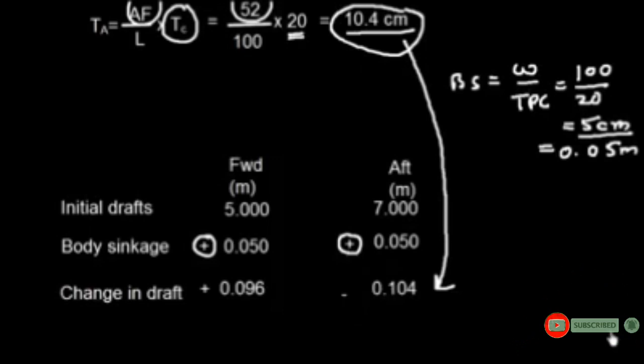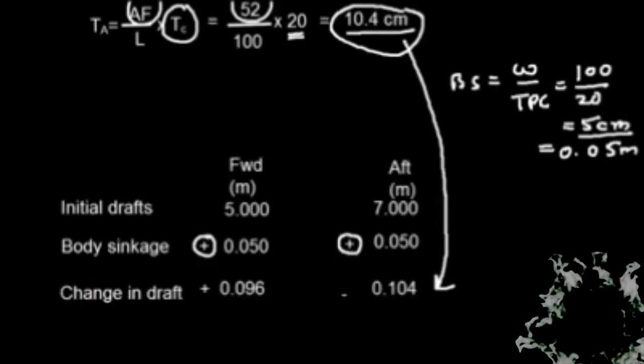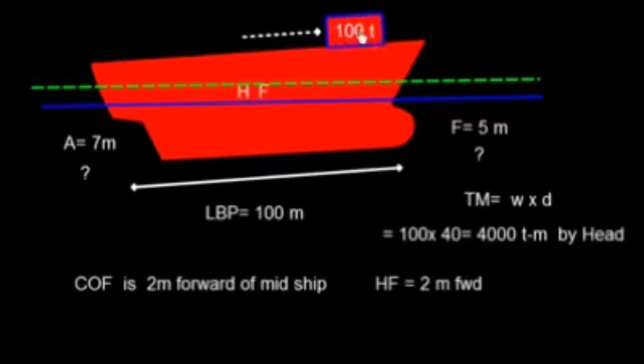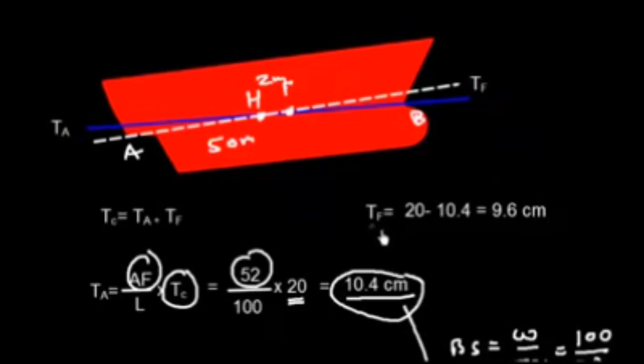Well, just to check the sign, the change in the draft, that TC was forward or by head, that means this forward draft will increase and aft draft will decrease because we had loaded the cargo in the forward direction. So the forward draft will increase, so the TF will increase.